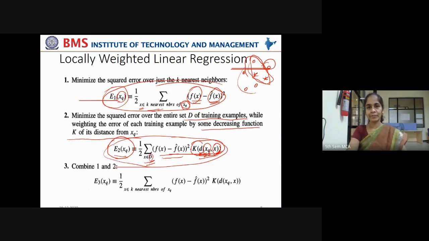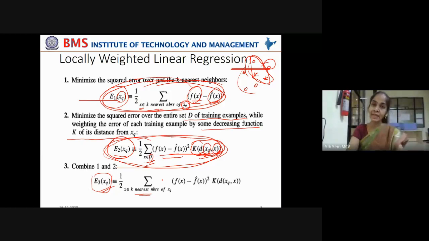Now combine both of them. The goodness of considering only k nearest neighbors, and the goodness of considering the weight of the entire set of neighbors. Combine those two. Let us see how we arrive at a final equation. Now the error estimate 3, the refined estimate E3 of this new instance x cube, how can you write it now? Instead of sigma x belongs to D, you just substitute it by only k nearest neighbors.